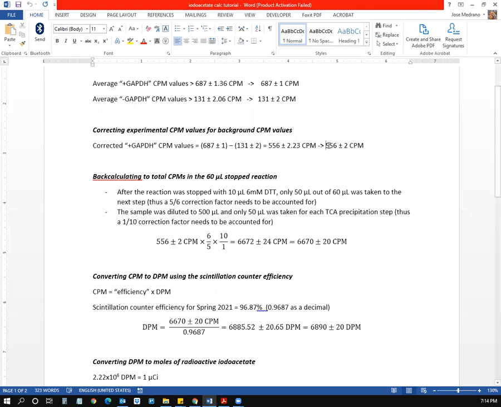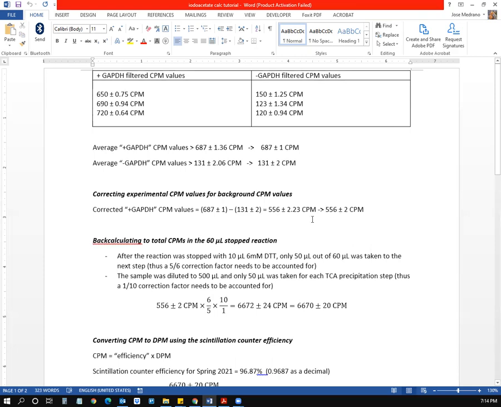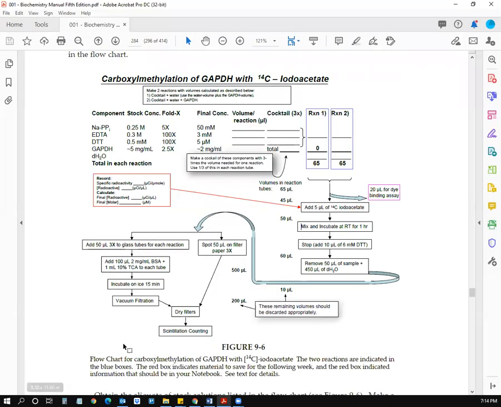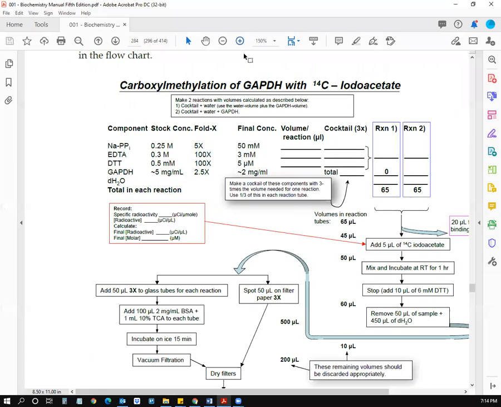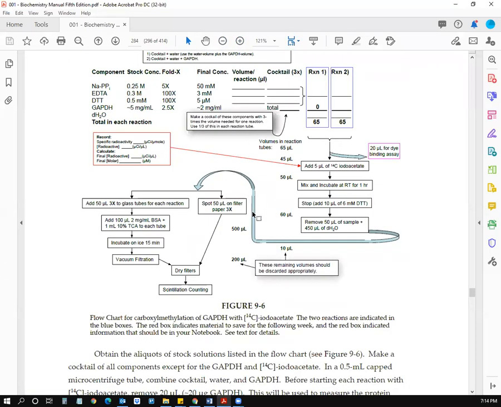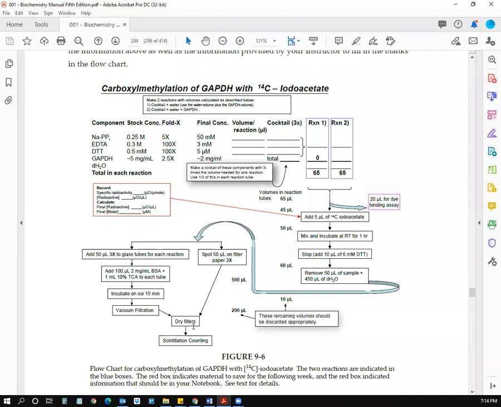So hopefully you understand that this is from filtered CPM experiments, meaning if we go back to that flow chart of our experiment that I showed you earlier, that signal is coming from all the way down here in this flow chart.